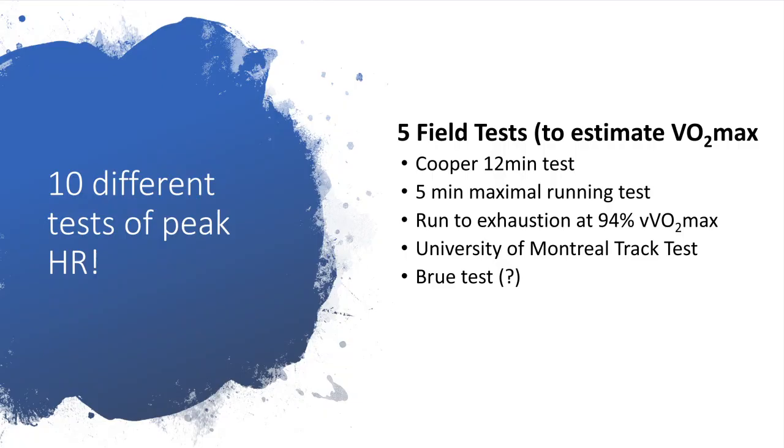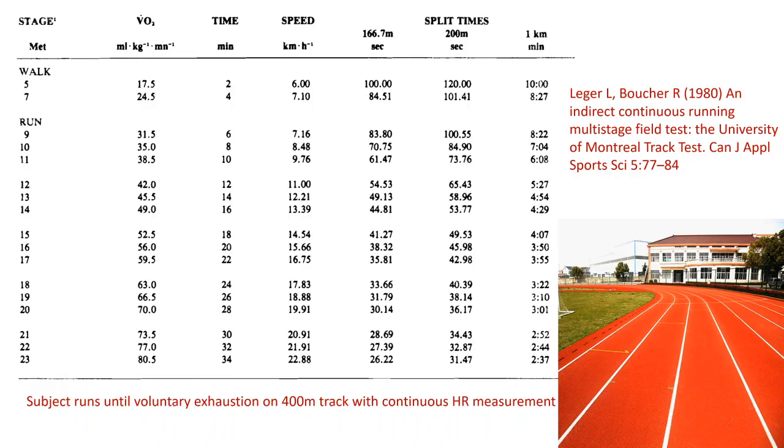But the University of Montreal track test is not that unlike some other kinds of tests where you do a standardized protocol out in the field, particularly on a track where everything's stable conditions and level.